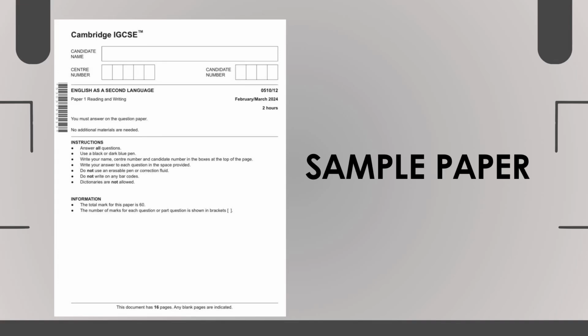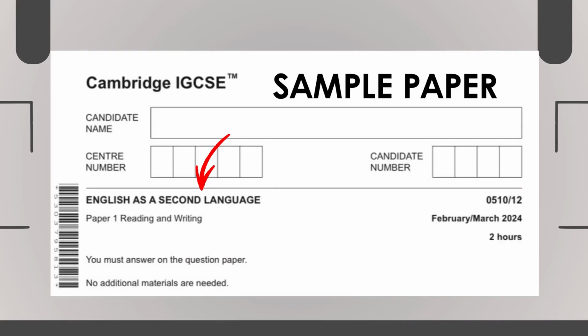Alright, if you're sitting for the exam, make sure you identify this as the correct paper. First of all, make sure it is English as a second language. It is paper 1 for reading and writing. Code 0510/112 and the month or the year you are sitting the exam for.